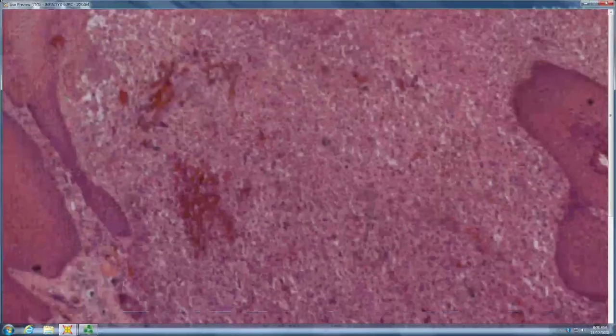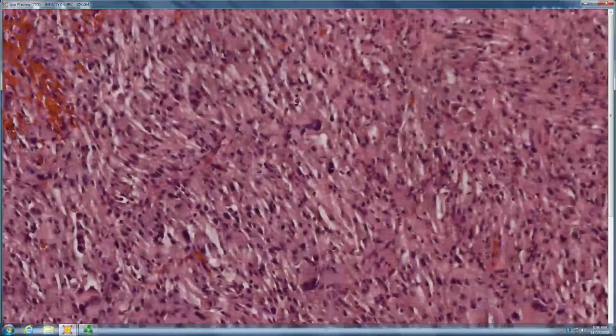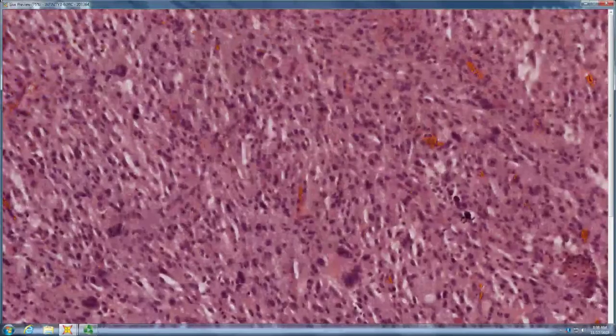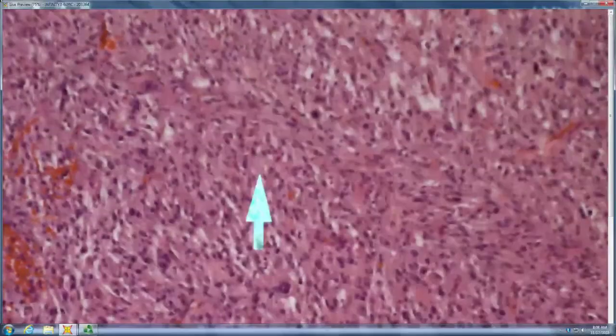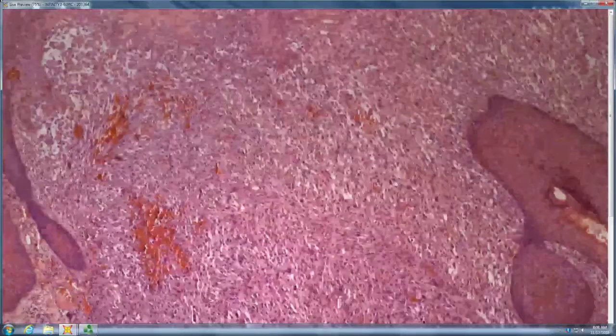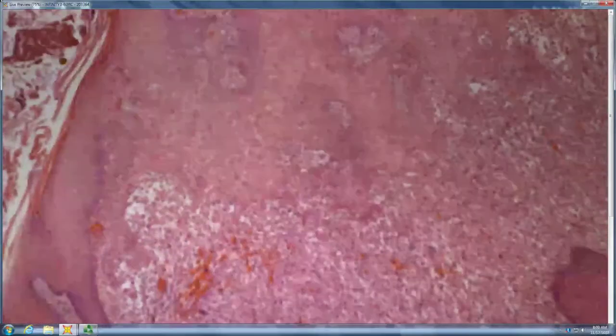So here it almost looks a little bit squamoid. Really abnormal. Do you see any atypia? Yes. And what would you say the morphology of these cells is? Kind of long and skinny? Yeah. Kind of like, I can't think of the words.